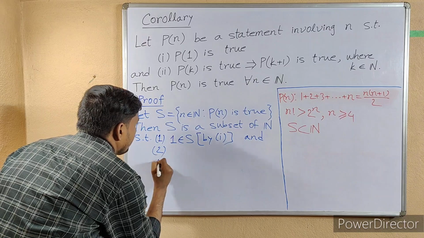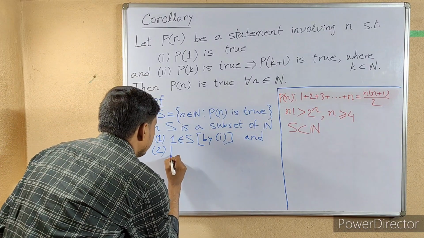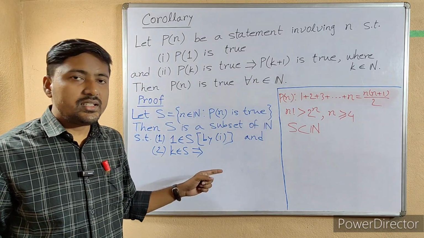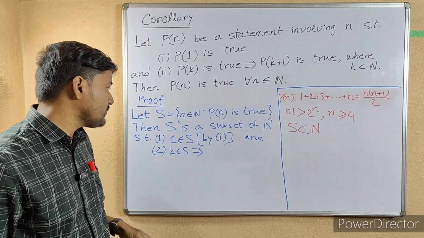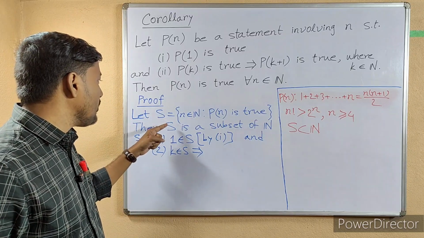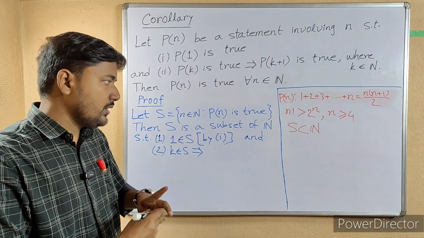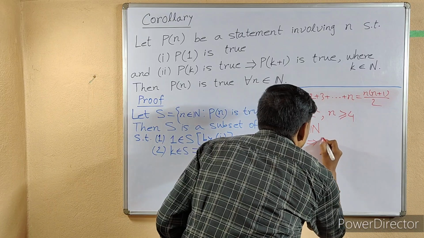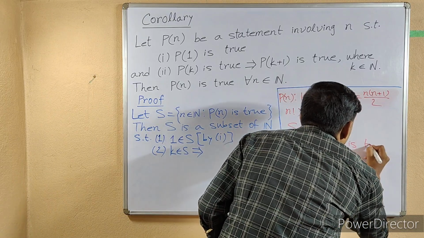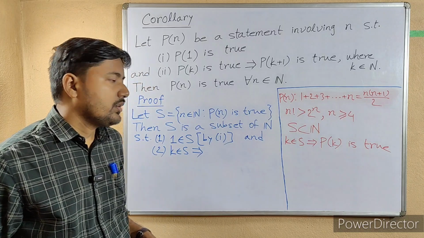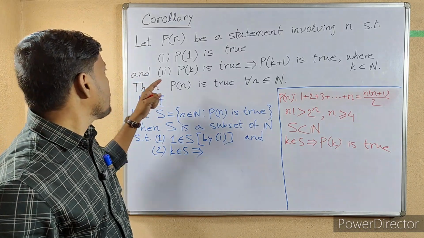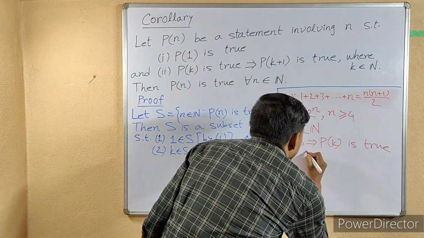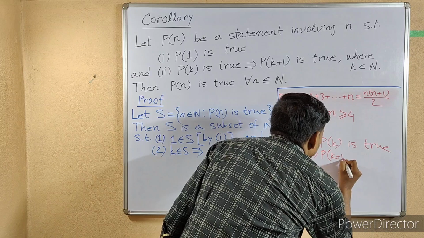Number 2: k belongs to S implies, what will we get here? From here, k belongs to S implies Pk is true. And from the second given condition we have Pk is true implies Pk plus 1 is true.